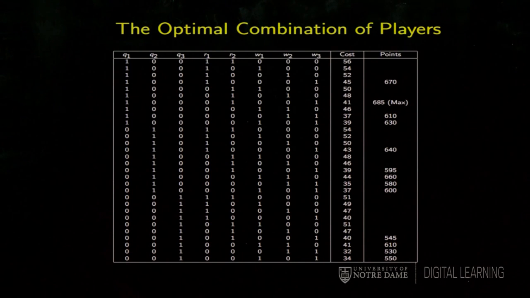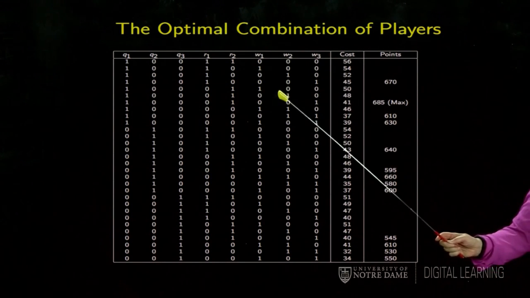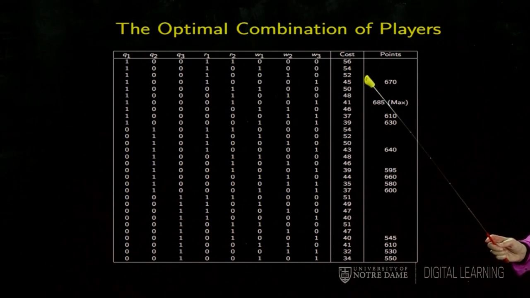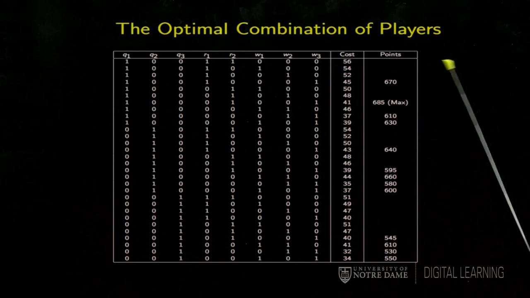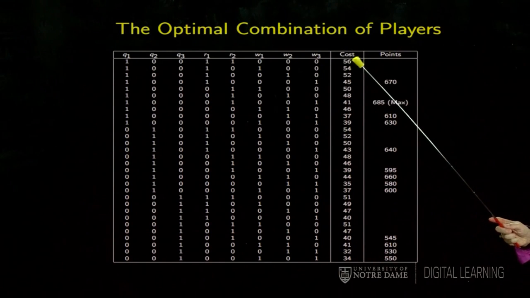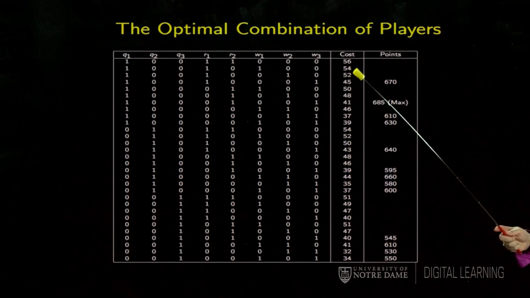So we don't choose any wide receivers there. But the cost of that particular combination is 56, and that is too much. It's more than our budget will allow, so it doesn't satisfy the budgetary constraint. So we don't even bother calculating the points there because that's not a feasible combination of players.